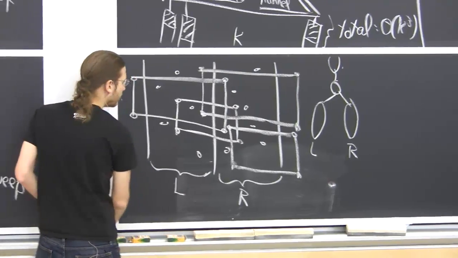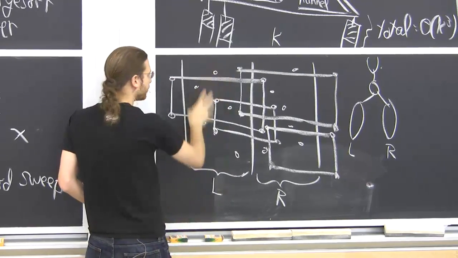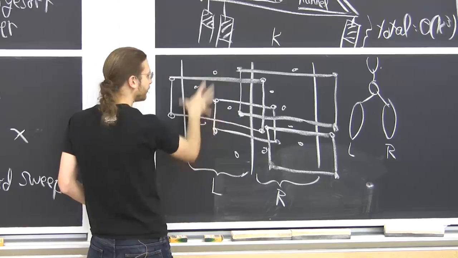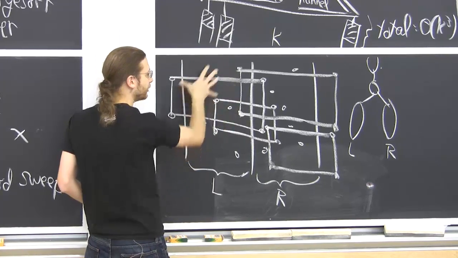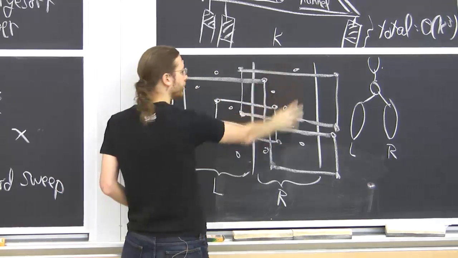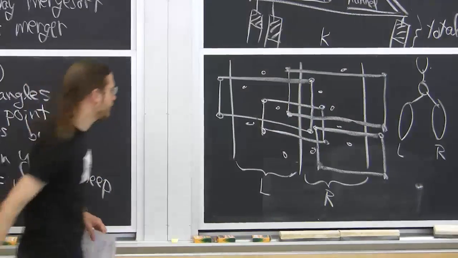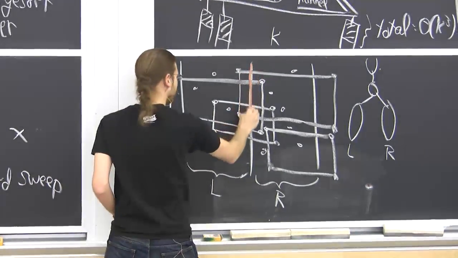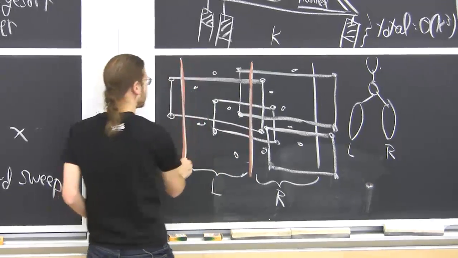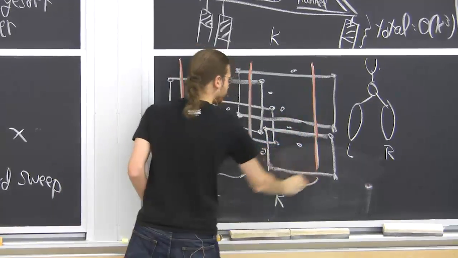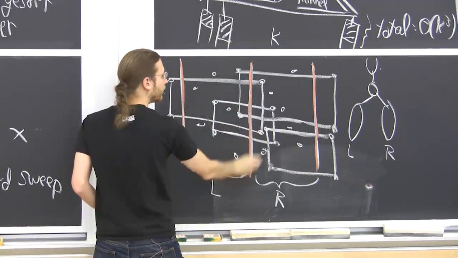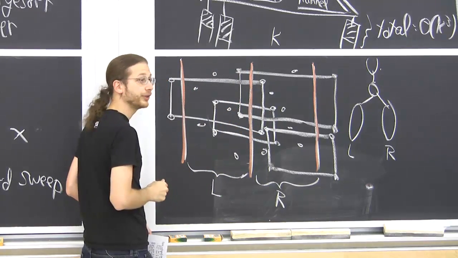Okay. And now we have whatever we want on the points and corners in here. We have whatever we want in the points and corners in this slab. Let me add a little bit of color. These lines. And now we want to merge these two things.